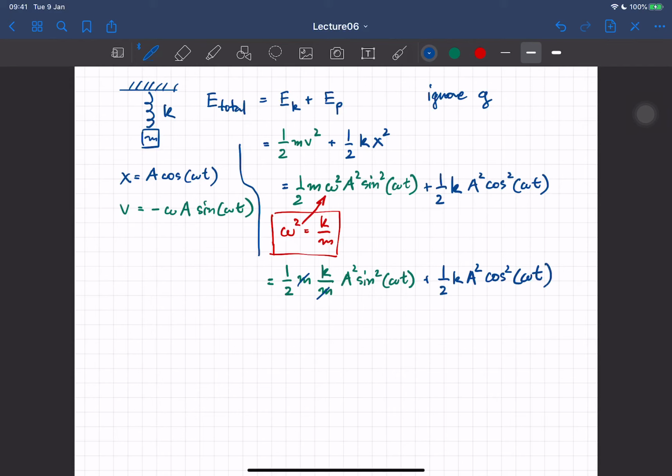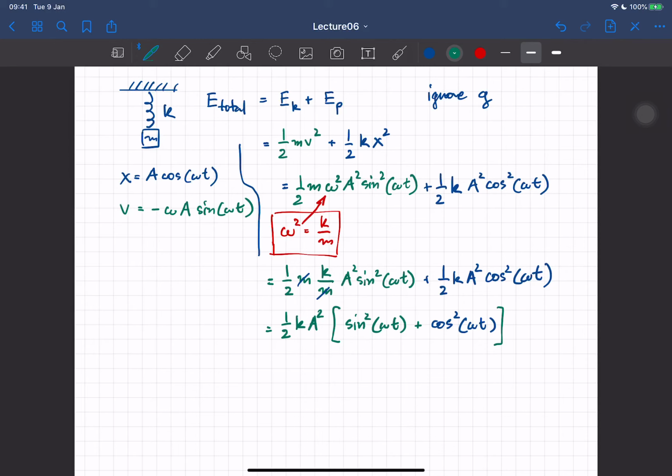But you can see that now the term in front and the term behind contain the same common factor, which is 1/2 k a squared. So I can take it out in front and write the remaining in a pair of parentheses. A simple bit of algebra, that's what we have here.